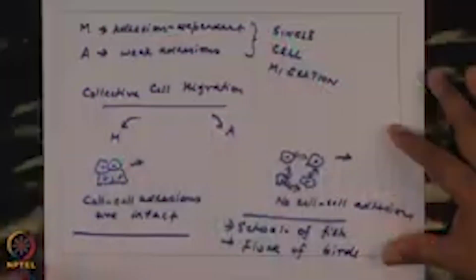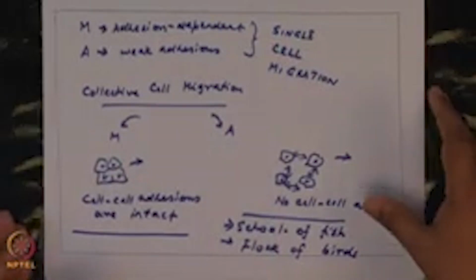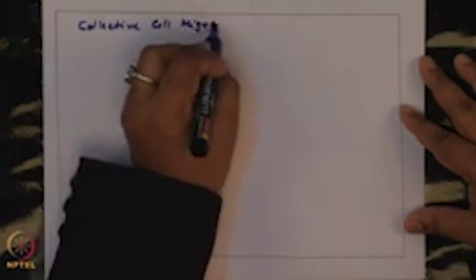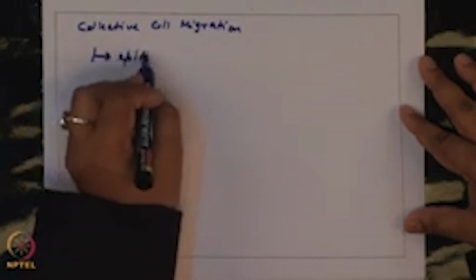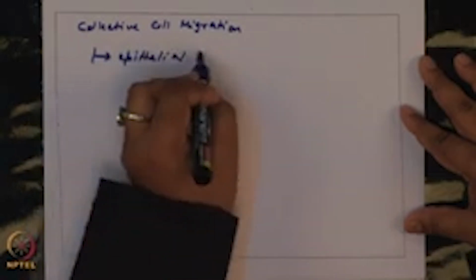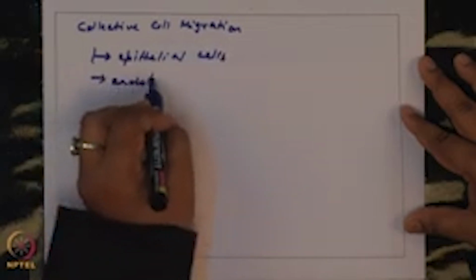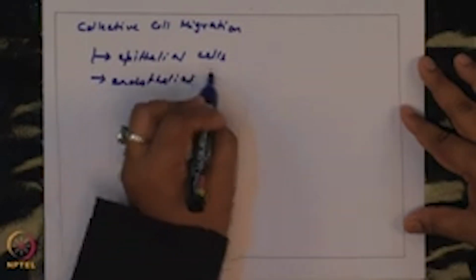In today's lecture we will talk more about the kind of migration where cell adhesions are intact: collective cell migration, in the case of epithelial cells or endothelial cells, which migrate together with their cell adhesions intact.